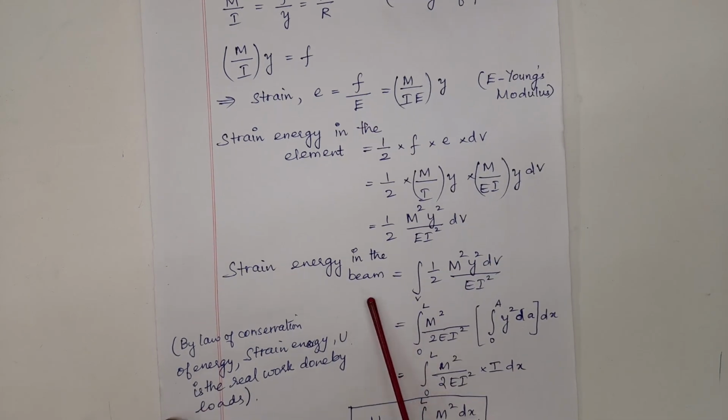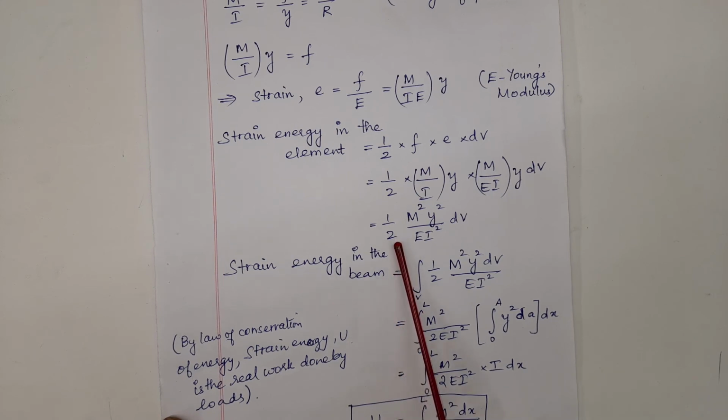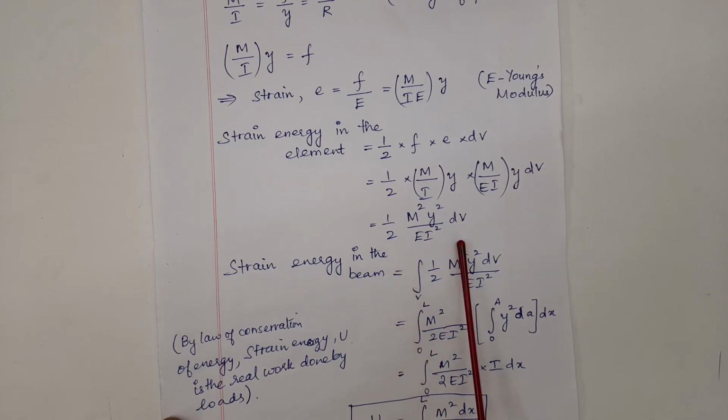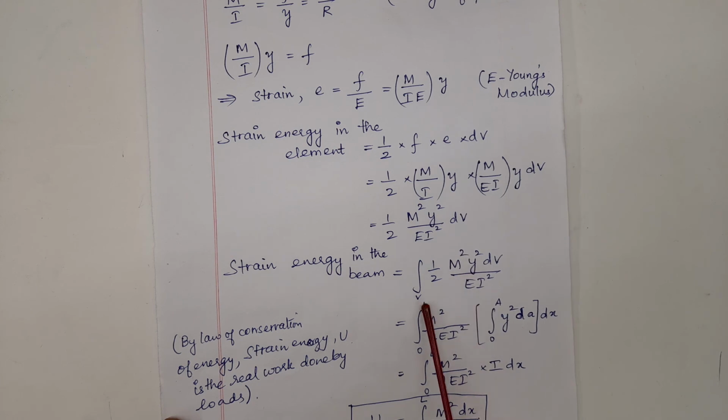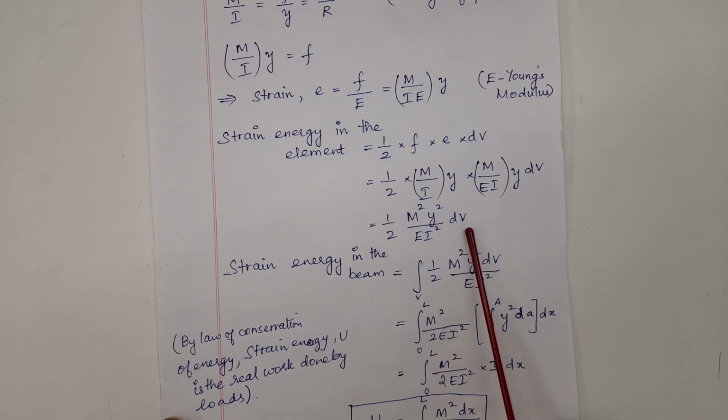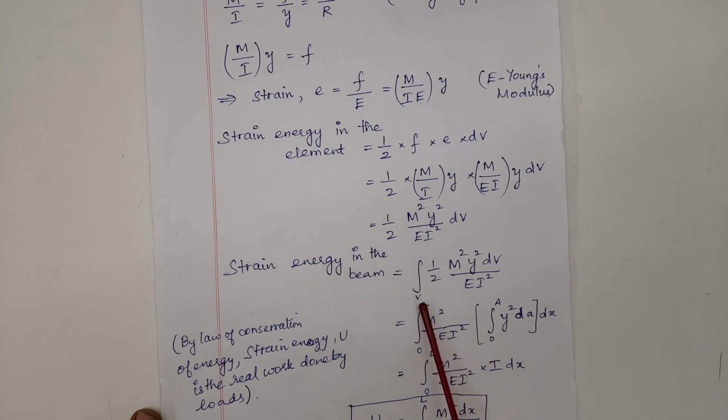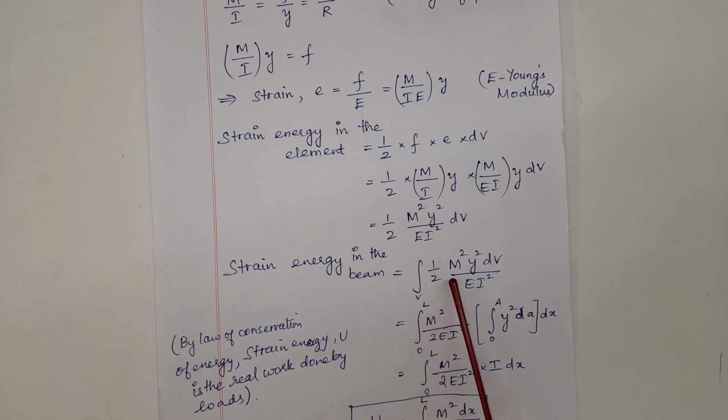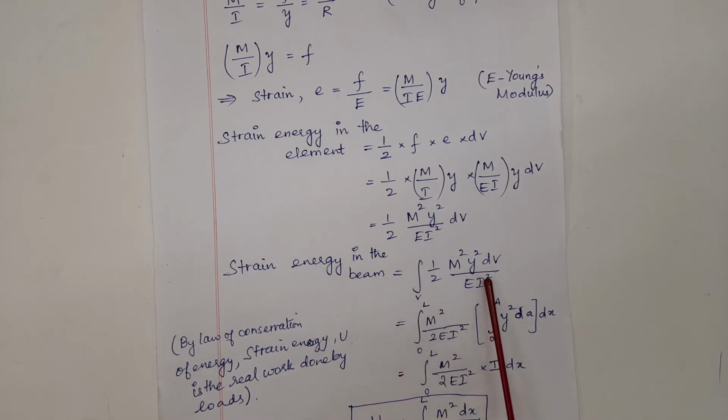So if I need to consider for the beam, I should integrate the elemental values between the limits such that I have volumetric limits. I have dV. So my integration will be a volumetric integration. So strain energy in the beam is given as integral V of this term.